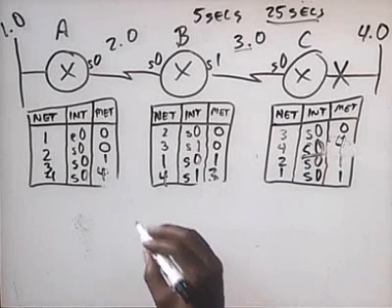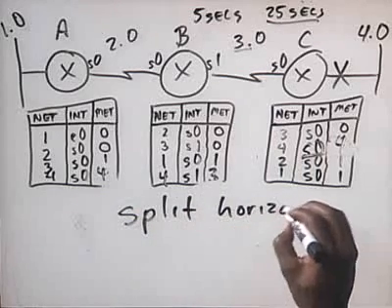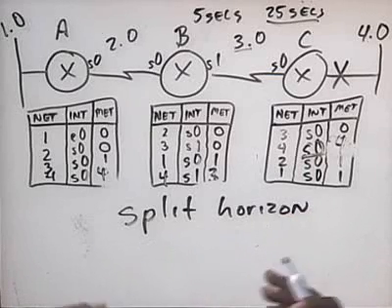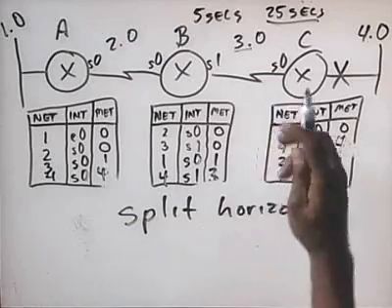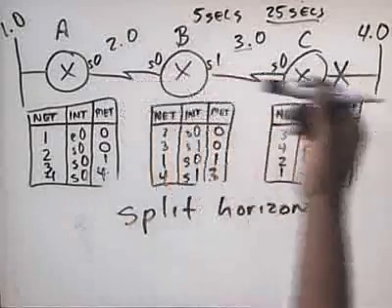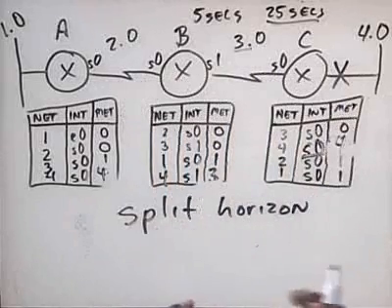The second solution that we have is split horizon. Split horizon says it's never useful to send information or send a packet back out of an interface that it came in on. In other words, don't tell me what I just told you.